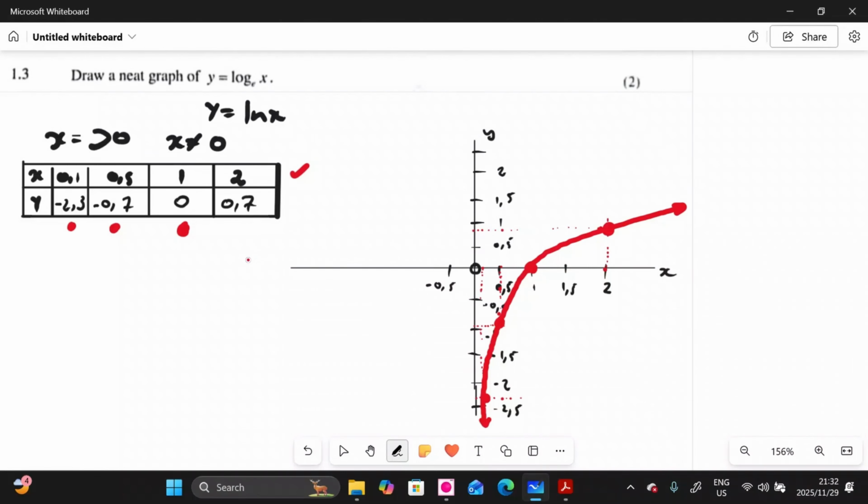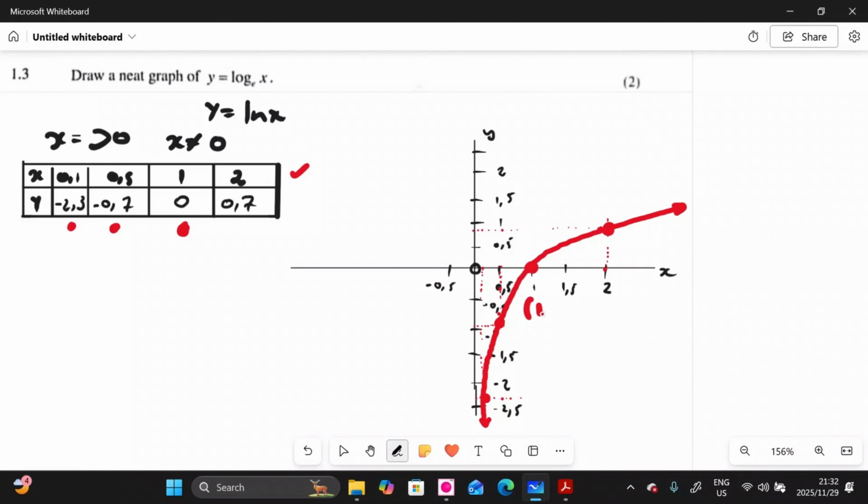Some of you may ask, why don't we have negative x on our table? It's because our graph asymptotes on the y-axis. As you can see, our graph doesn't pass the y-axis, which means it doesn't go to the negative side of x.